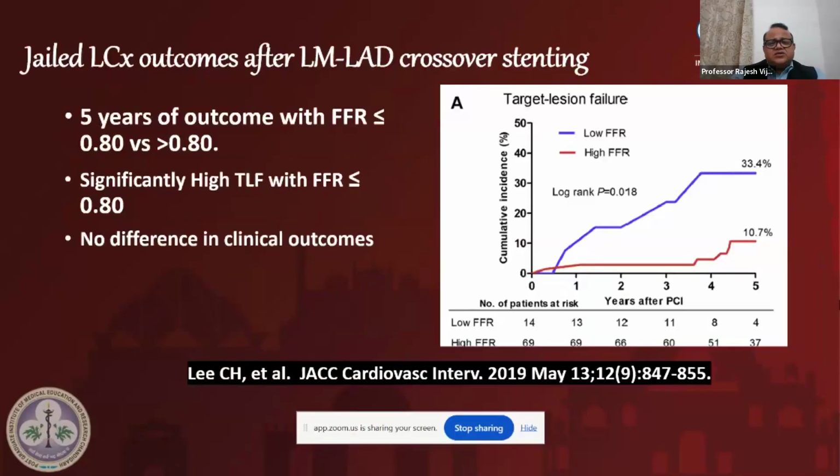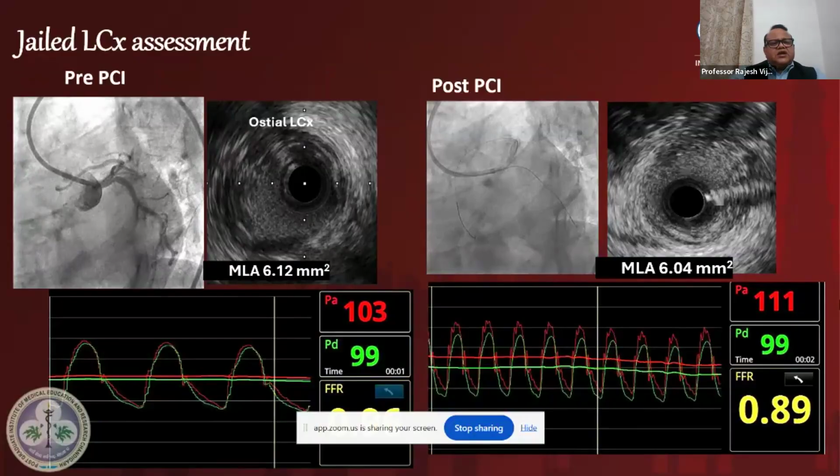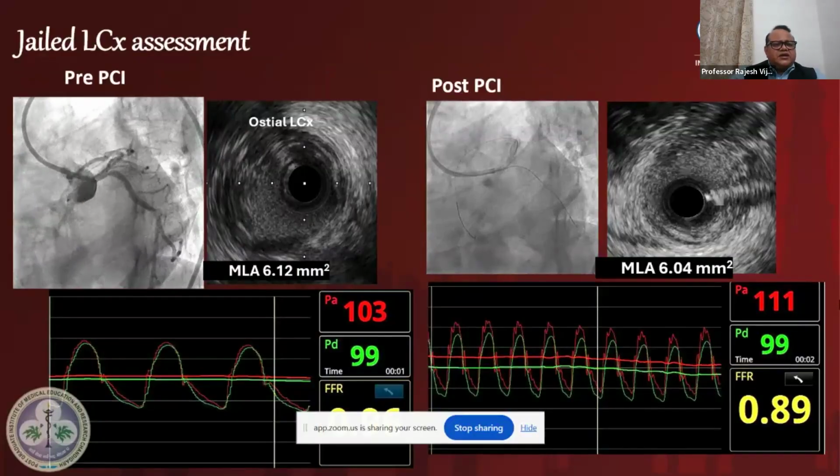And what happens in case you have jailed the LCx and the FFR is less than 0.8 or more than 0.8? This particular study has demonstrated that in case the LCx FFR is less than 0.8, the 5-year target lesion revascularization is going to be on the higher side compared to those with an FFR of more than 0.8. So in this particular case, we had left main to LAD stenting.